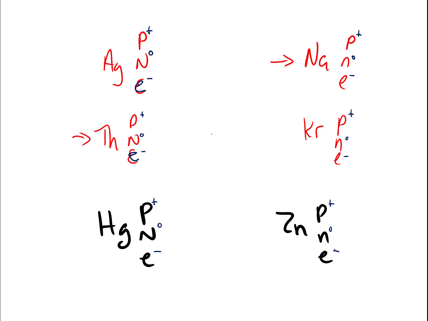Hydrogen is 1, helium is 2. Now go to the next row: lithium is 3, beryllium is 4, boron is 5, carbon is 6. See the whole number at the top? That's the atomic number. So you learn the first 20 according to that whole number, all the way to calcium. See, calcium's 20?